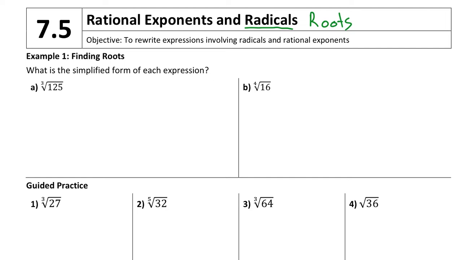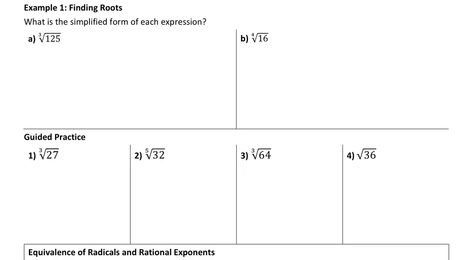So example 1, we're really just going to talk about simplifying roots. So finding the root of something. So in A, this is read as the third root of 125 or the cube root of 125, which means a number times itself with 3 factors of that number is 125.